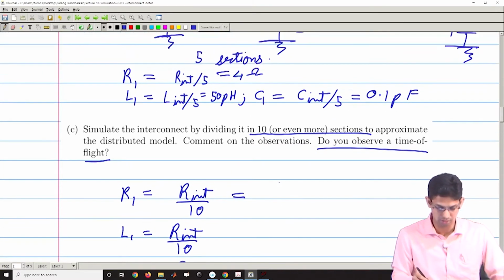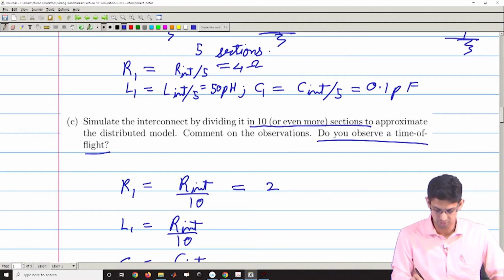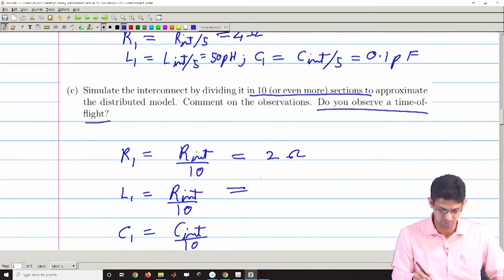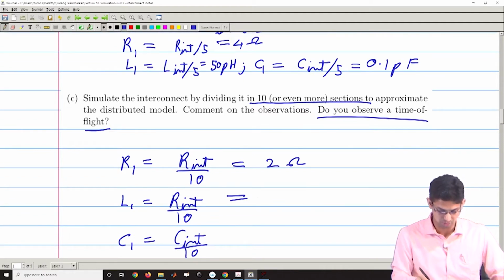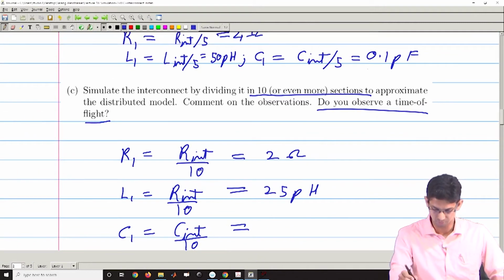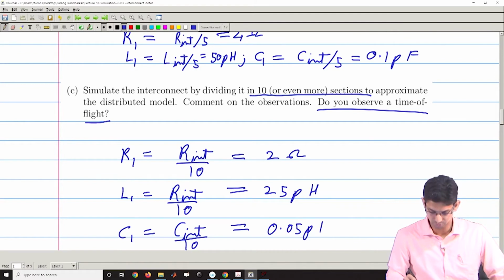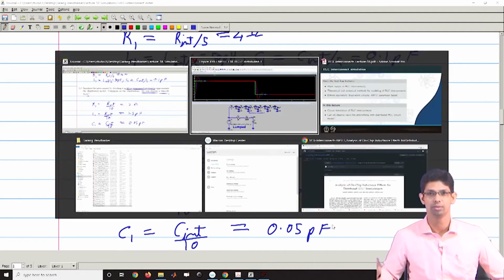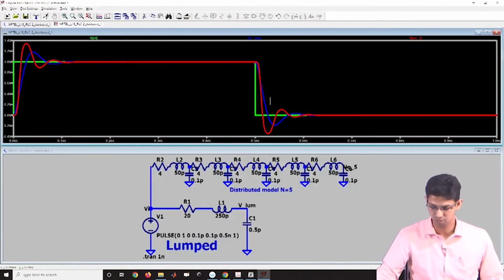So, R1 would be 2 ohms, L1 would be 25 picohenry, and my C1 will be I think 0.05 picofarad. So, you can maybe pause the video and make it and then test it on your own.